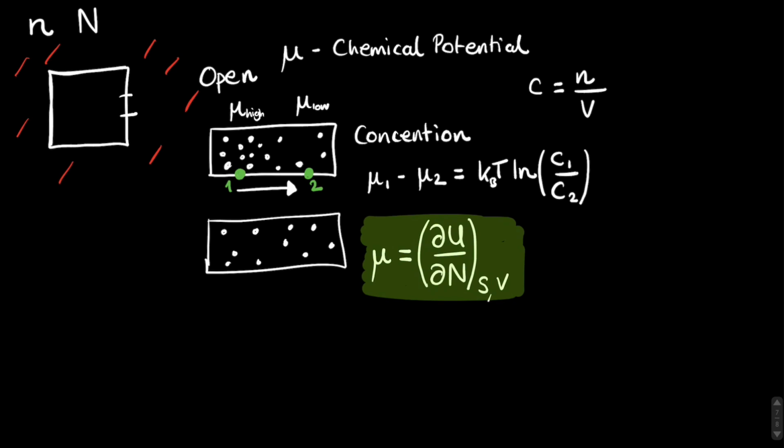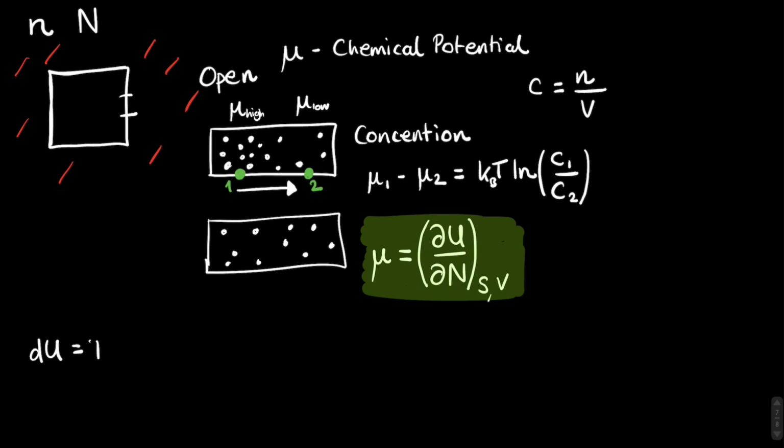So going back to the fundamental relation, I can actually expand on this change in internal energy, because if we allow the system to be open, then not only can we have heat or work being done to the system, but we can also have an increase of chemical potential energy due to varying particle numbers.